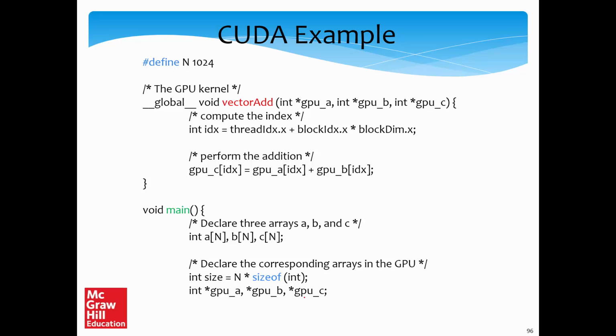So let's look at a simple CUDA program. This is similar to the example that we saw with SSE. The idea is that we want to add two arrays, A and B, which are essentially vectors, and produce a result vector C. This particular program is written in C using the CUDA API.